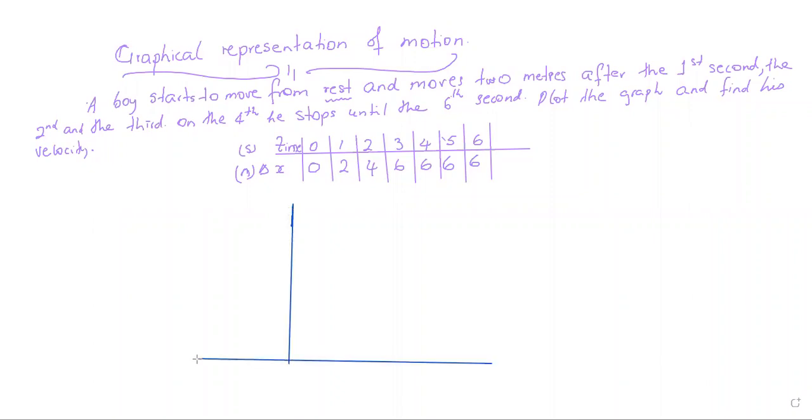Draw a Cartesian plane. And we agree that the x-axis will be time. His movement is depending on the time in seconds. And you have meters here. And that is displacement.